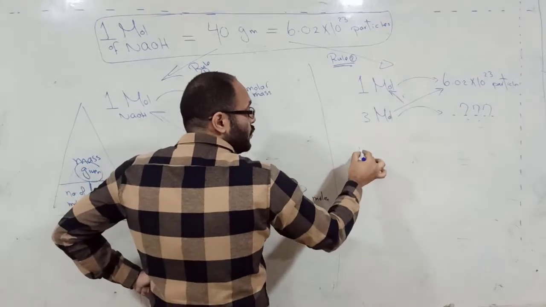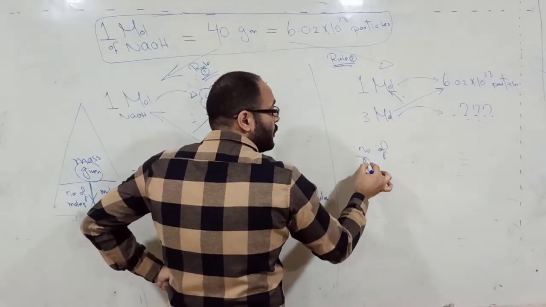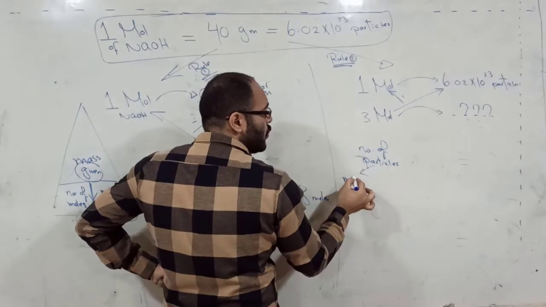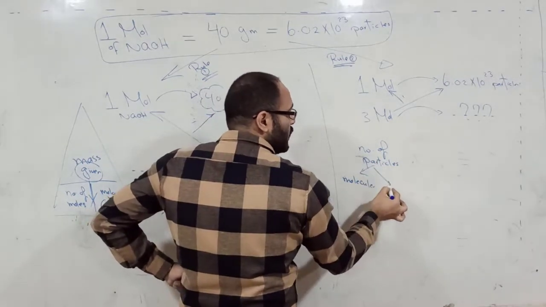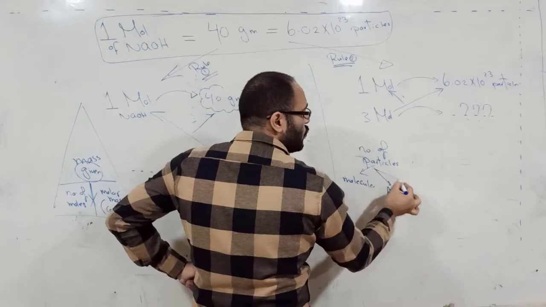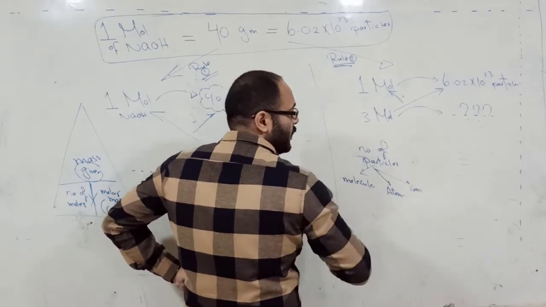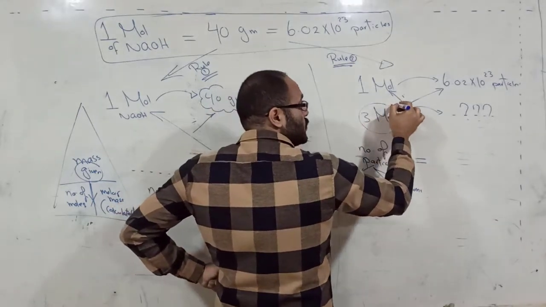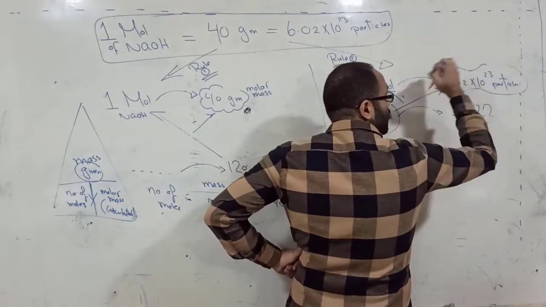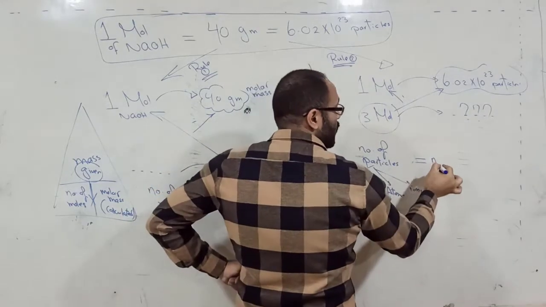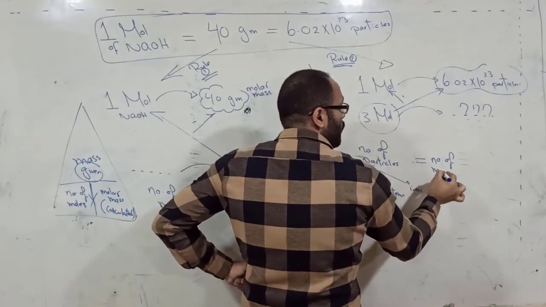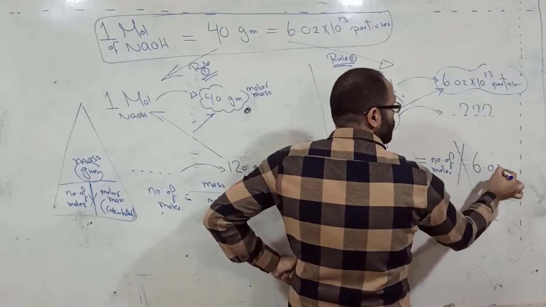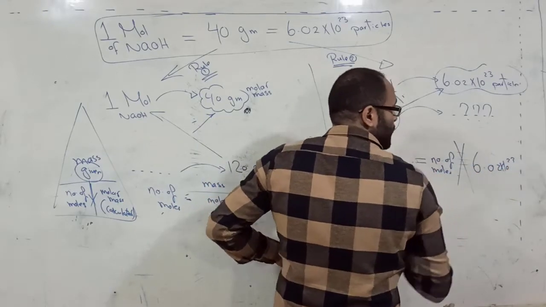So if you want the number of particles, and here particles means molecules or atoms or ions or anything, the number of particles equals number of moles times Avogadro's number, 6.02 times 10 to the power 23.